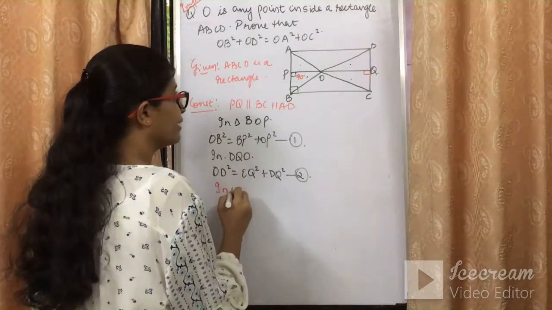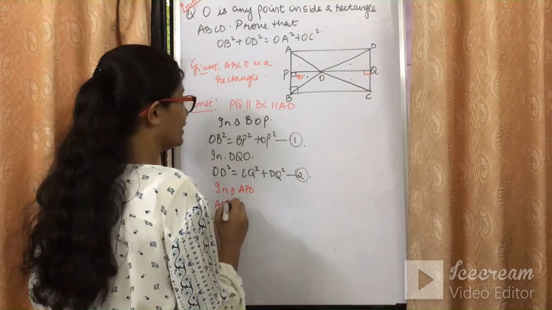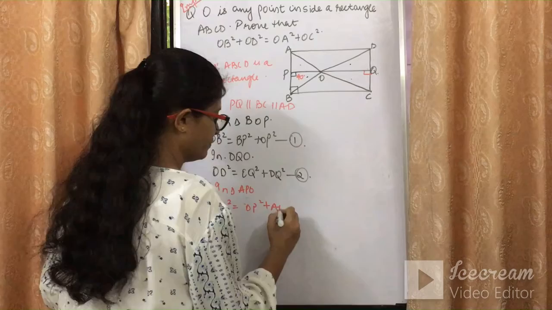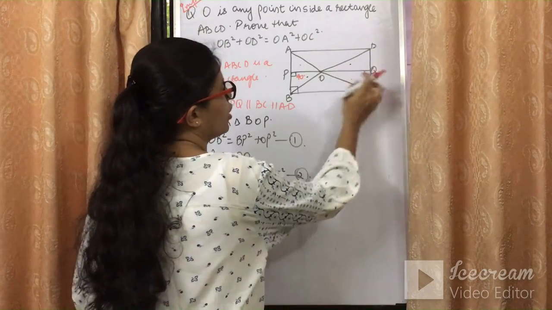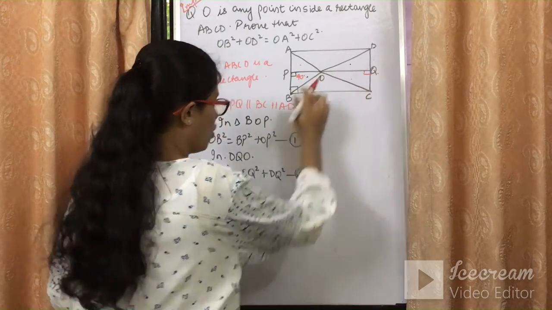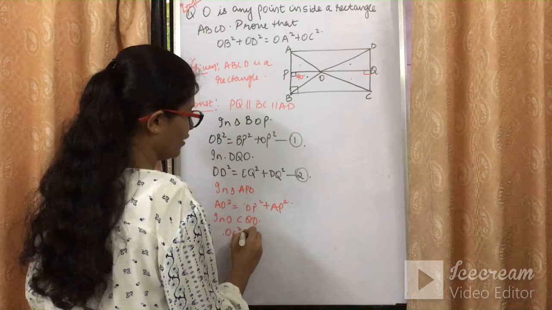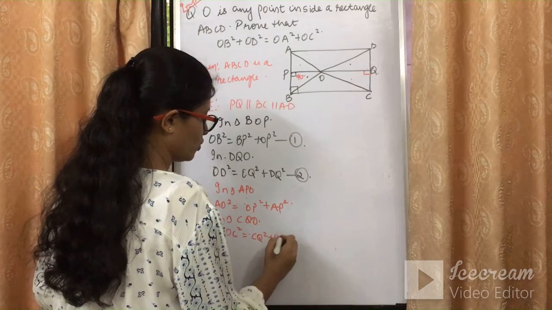So in triangle APO, again by Pythagoras we can say OA square is equal to OP square plus AP square. Similarly in triangle CQO, you can say OC square will be equal to CQ square plus OQ square.